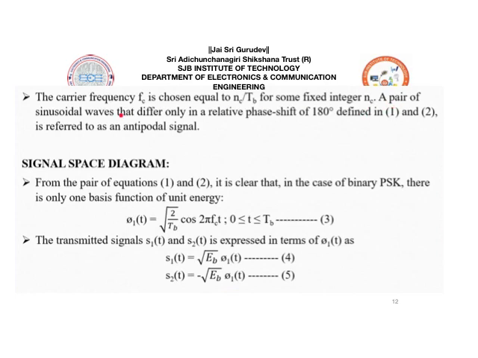These pair of sinusoidal waves, we call antipodal signal. Now let us move further and discuss the next parameter, which is called the signal space diagram.